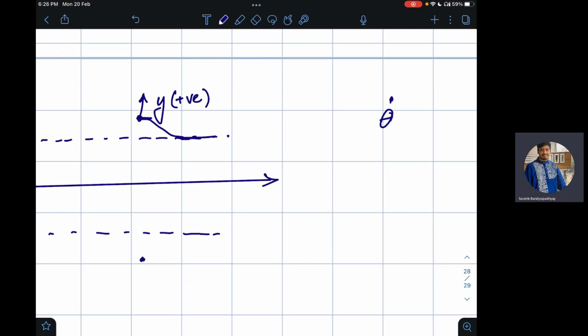And similarly, if I have theta over here and y is negative, then I need to apply some intervention so that this theta goes into this bound.